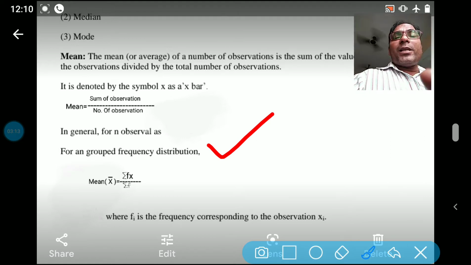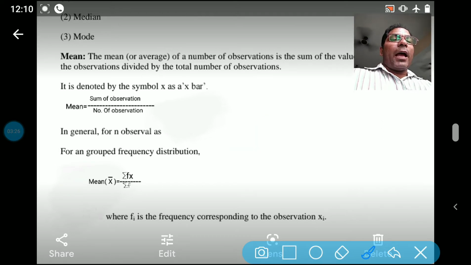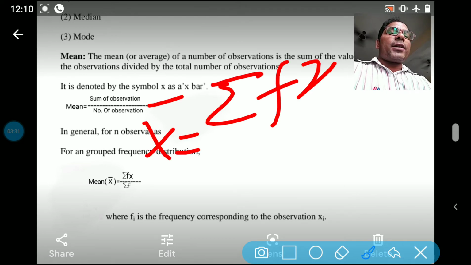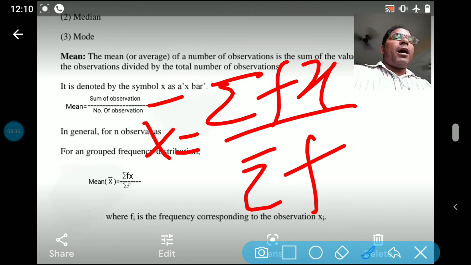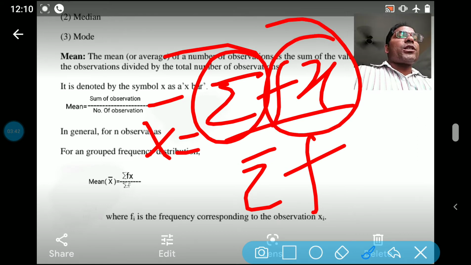If the frequency table is given, then you have to find the mean of the observations, and you can use this formula: mean x bar equals sigma fx upon sigma f. The term sigma represents the sum of many terms, and here fx means the product of frequency and observation.